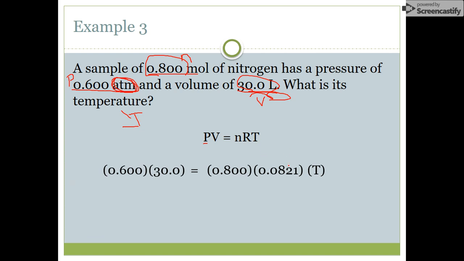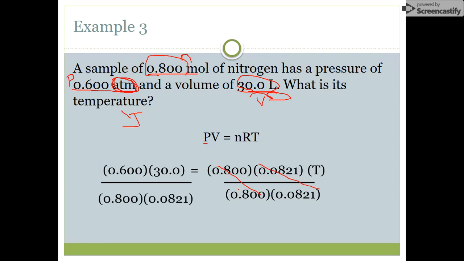You're going to divide to get temperature by itself. Divide both sides by that 0.800, so that cancels out, and the 0.0821 cancels out, and you're left with solving for temperature. Your final answer should be 274.06, and because it's temperature, the unit is Kelvin.